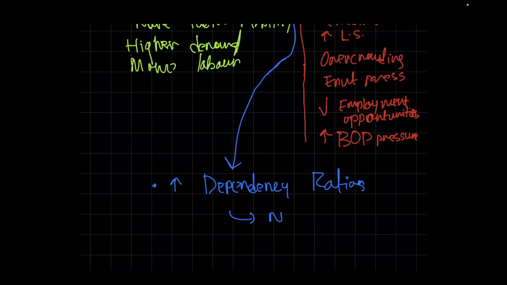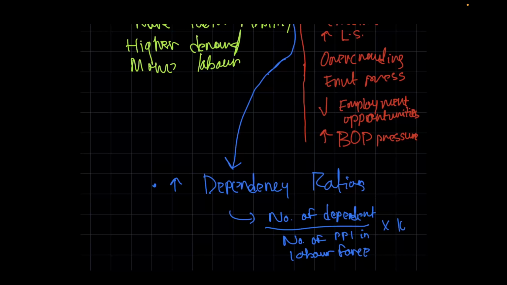the formula goes like this. The number of dependents over the number of people in the labor force, times 100. The number of people in the labor force refers to the people who are willing and able to work, and the number of dependents includes both young and old dependents.